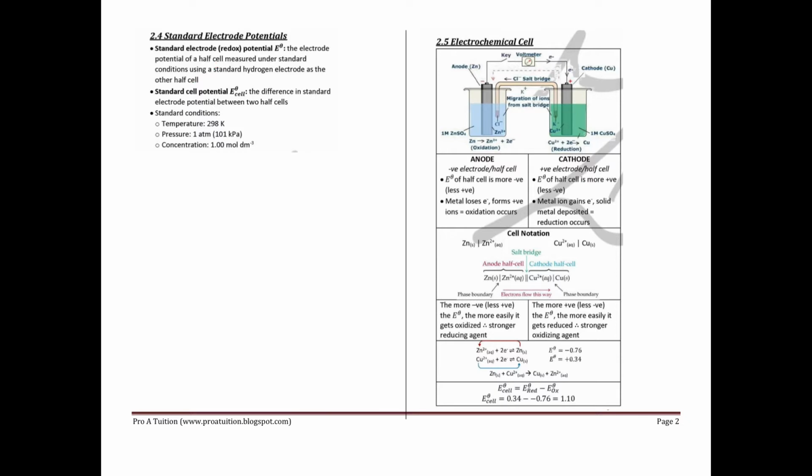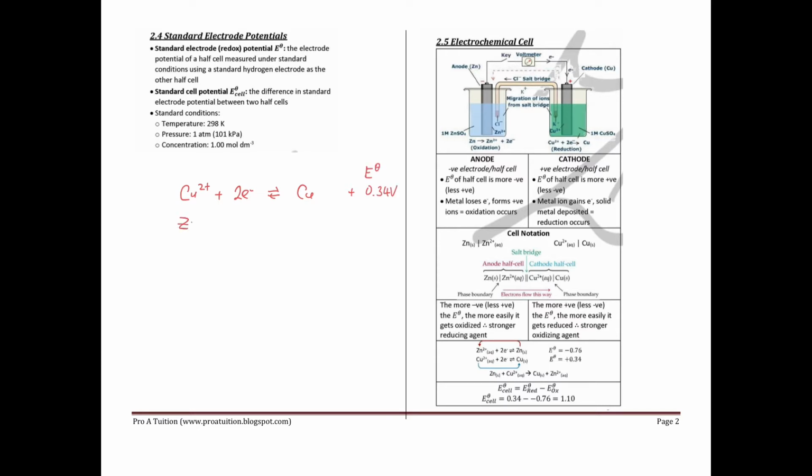For example, I give two examples. Let's say from the data booklet, we know that Cu2+ plus 2 electrons becomes Cu. Then they give positive 0.34 volt, the E theta.